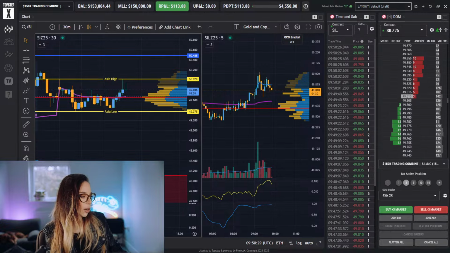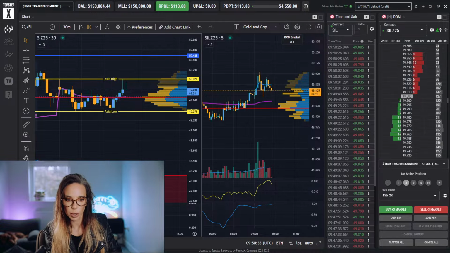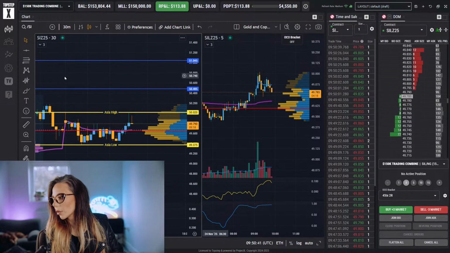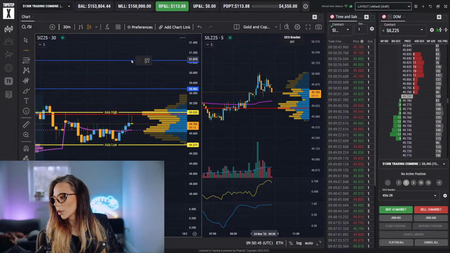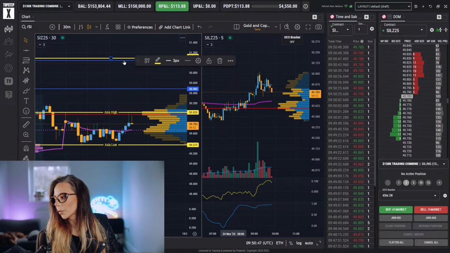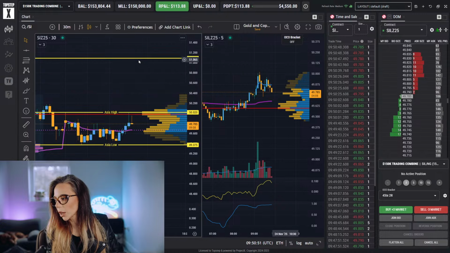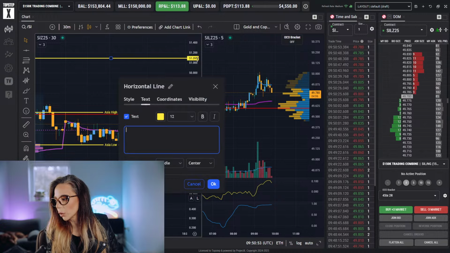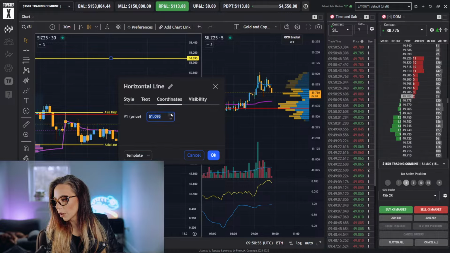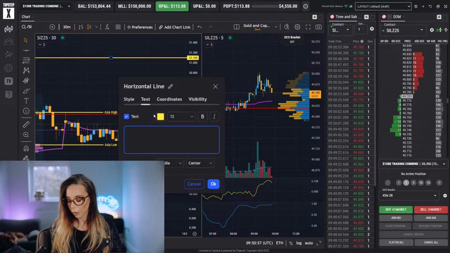All right, let's place some ADRs on here as well, even though they're very far away. I can't even see them. So ADR high sitting at 51.10. Let's get rid of some old initial balance lines. 51.10. Again, sorry for sounding a bit weird.